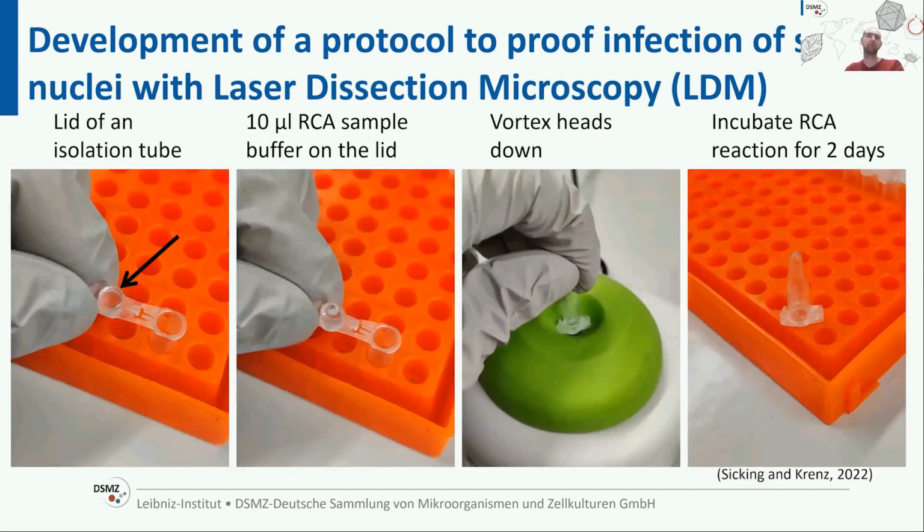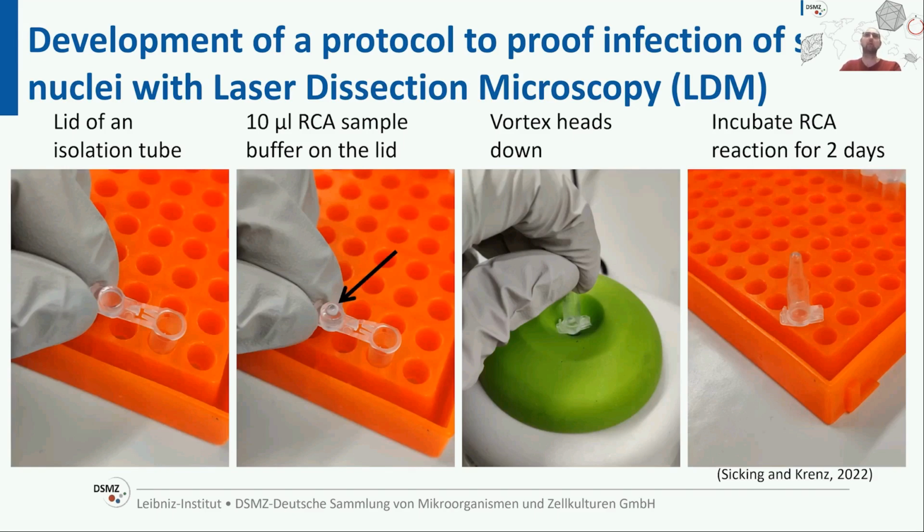So how can we perform our analysis in the tubes? For both approaches, we start with releasing the sample material from the sticky lid of the collection tube, as you can see in the most left panel. Therefore, we place a little droplet of approximately 10 microliters of sample buffer directly on the lid.